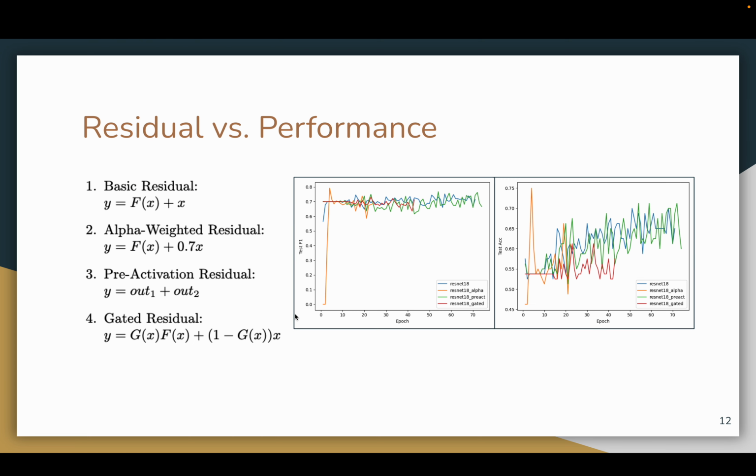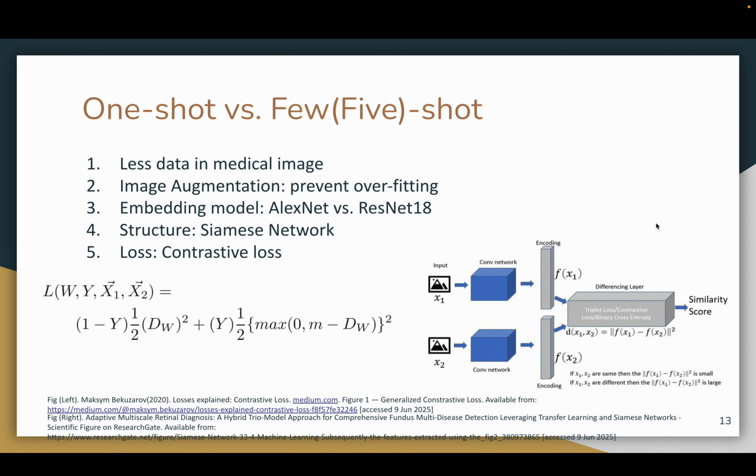We use four types of residual network: basic residual, alpha weight residual, pre-activation residual, and gated residual. As we can see, the gated and alpha weight residual perform worse than the others.